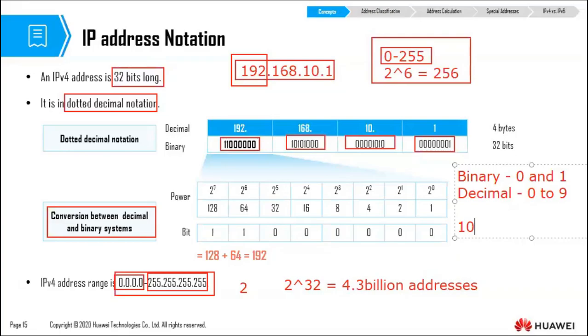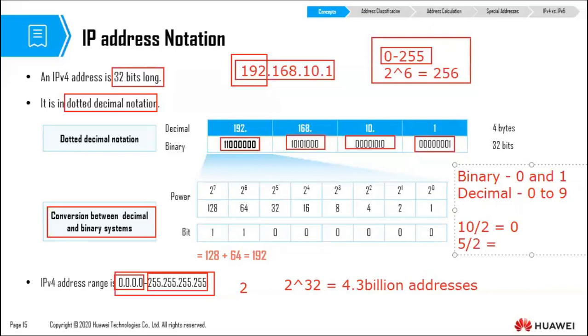What you simply do is divide this value by 2, then note down the remainder. Are we together? 10 divided by 2 is 5, remainder 0. So that 5 becomes the next number. Again we divide 5 by 2.